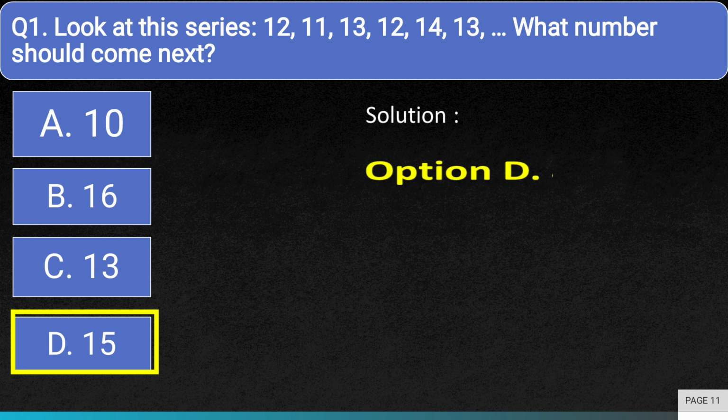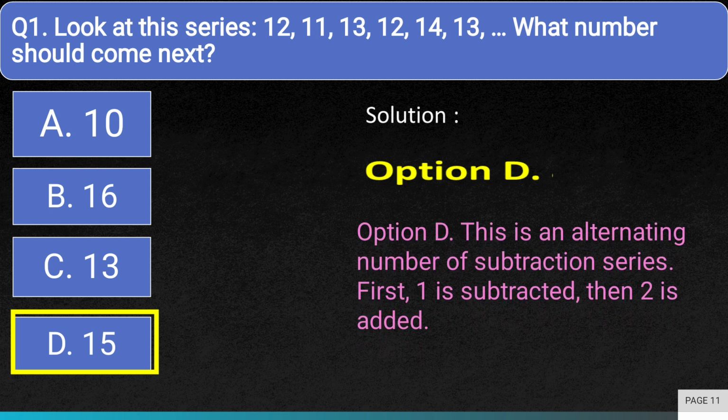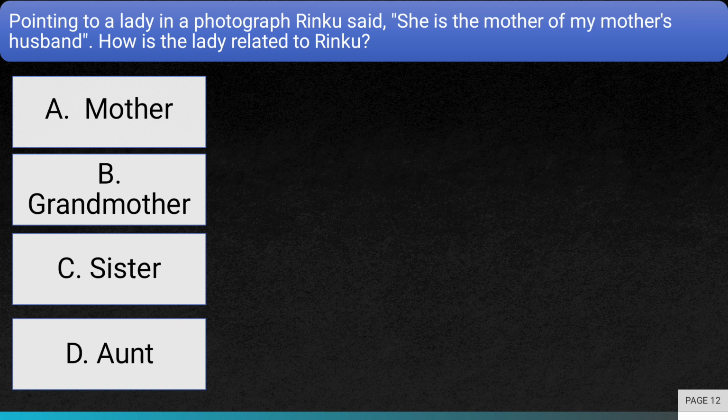In 13 we again subtracted 1 and we get 12. Again in 12 we added 2 and we got 14, right? Again in 14 we subtracted 1 and got 13. Now what will we do? We will add 2, right? And when we add 2 to 13, we will get 15. So the correct option is 15.